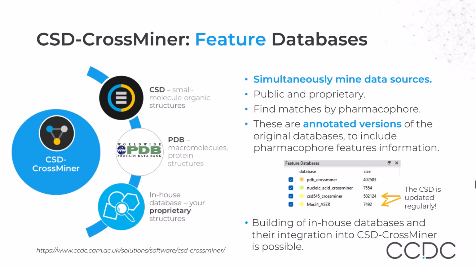CSD545 CrossMiner and MAR24 are actually databases which come from CSD. CSD545 is our main current database, which got into the built-in CrossMiner database. And March 24 is our March update from this year, and this database is updated regularly, and at some point when we come up with a lot of new structures, we just create a new database.